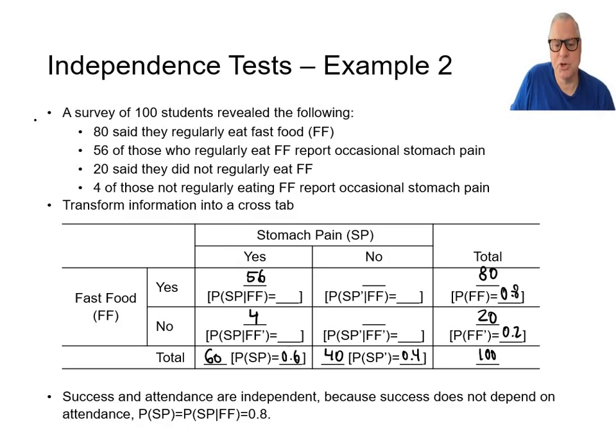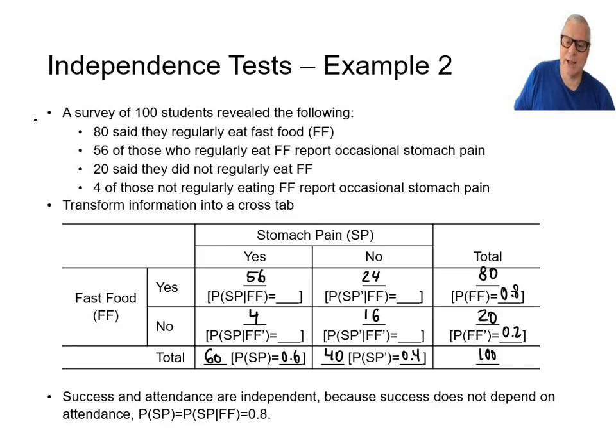Well, if we have a total of 80 fast food eaters, of which 56 reported stomach pain, well, 24 must have reported no stomach pain. And of the 20 non-fast-food eaters, 4 reported stomach pain. That means 16 did not have stomach pain.